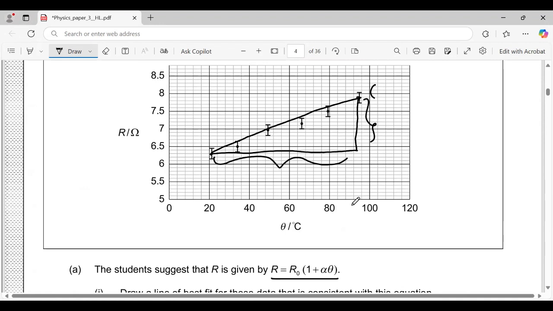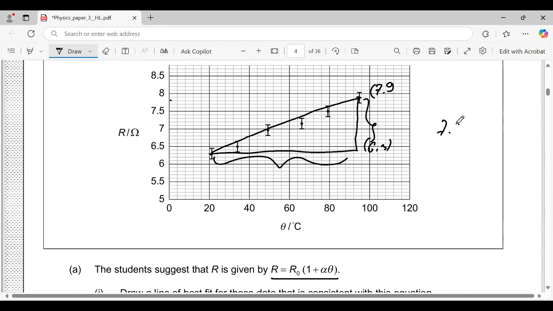This is around 7.9, and then minus around this is 6.3.